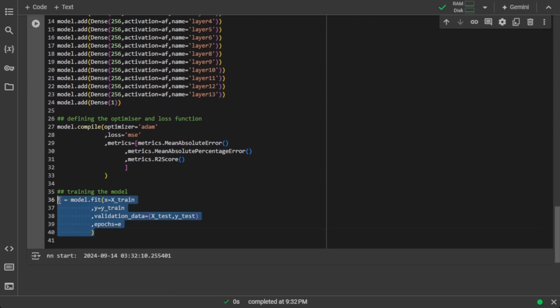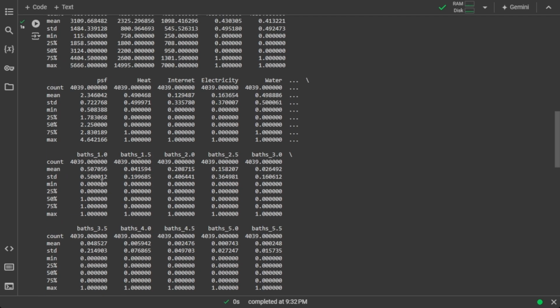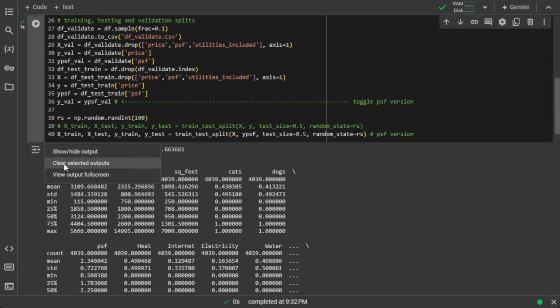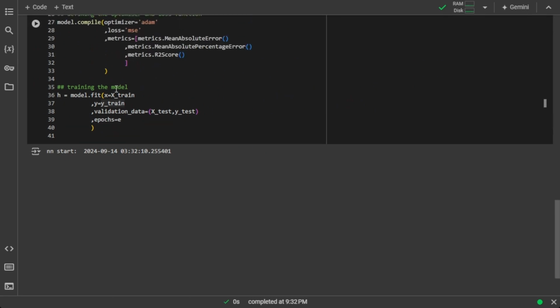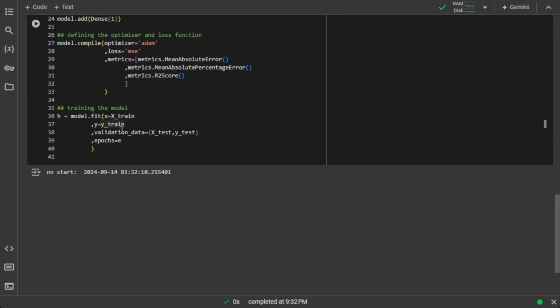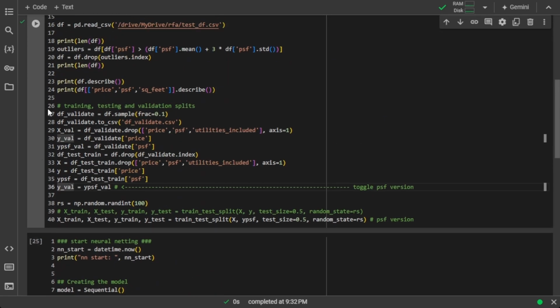So right here, we're just putting it all together. I've got my X inputs and my Y inputs. In this case, that's X train and Y train. So I've got my PSF, right?